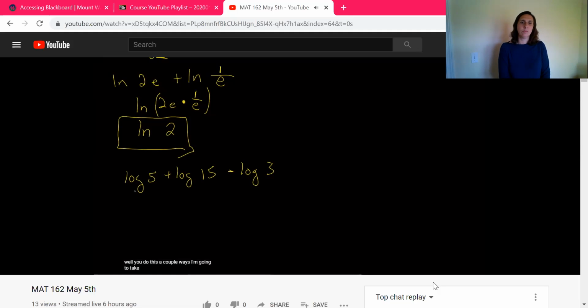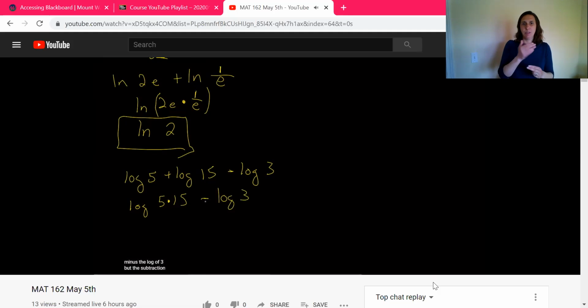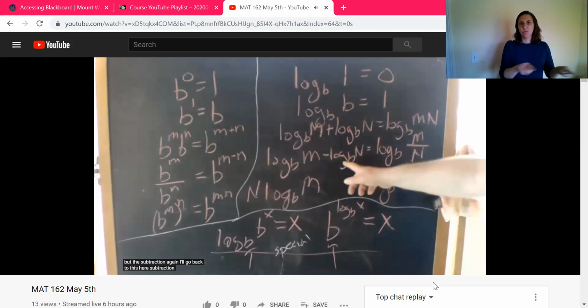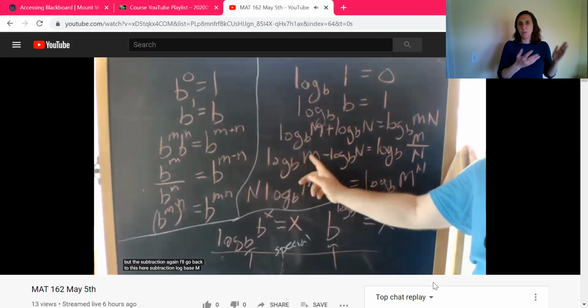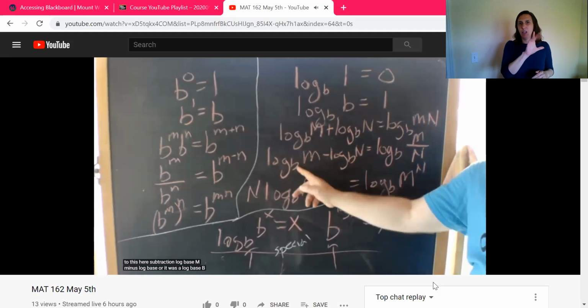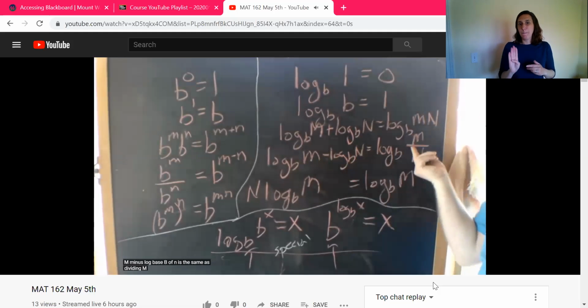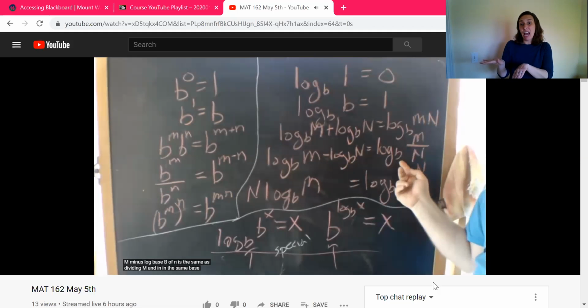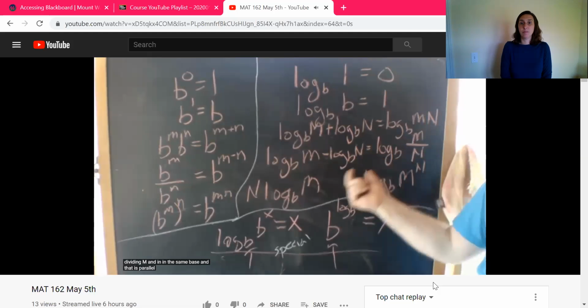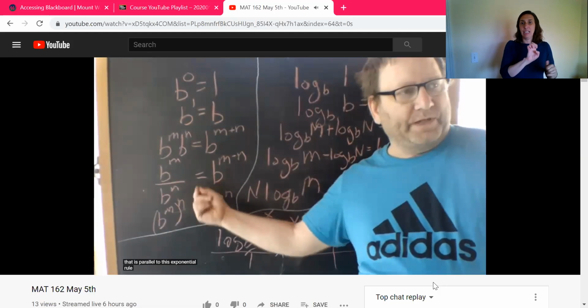I'm going to take the additions as multiplication. So I'm going to get the log of 5 times 15 minus the log of 3. But the subtraction, and again, I'll go back to this here. Subtraction, log base b of m minus log base b of n is the same as dividing m and n in the same base. And that is parallel to this exponential rule that we have.